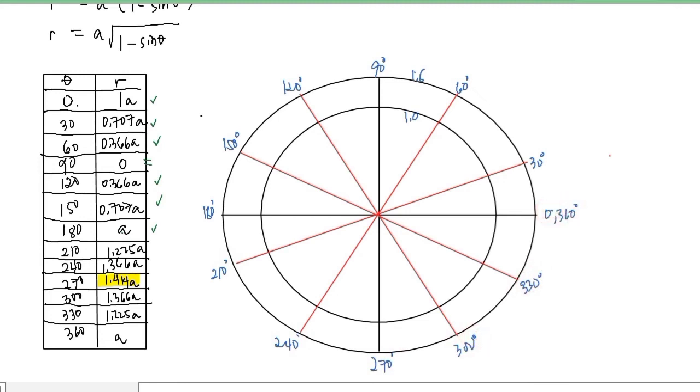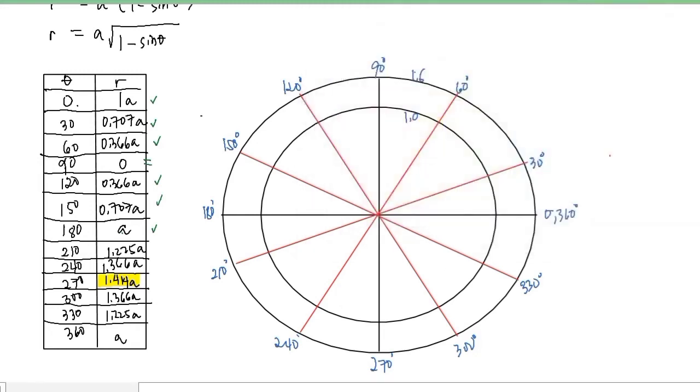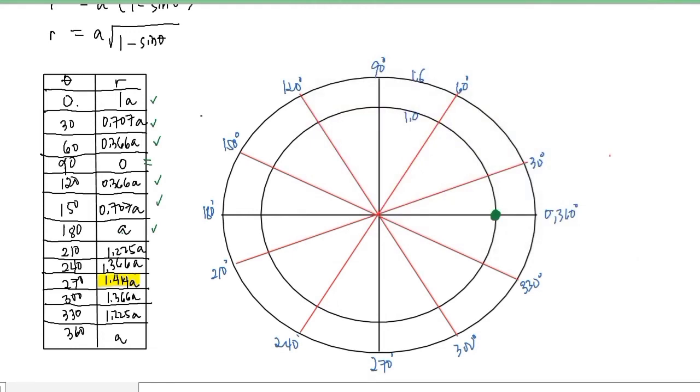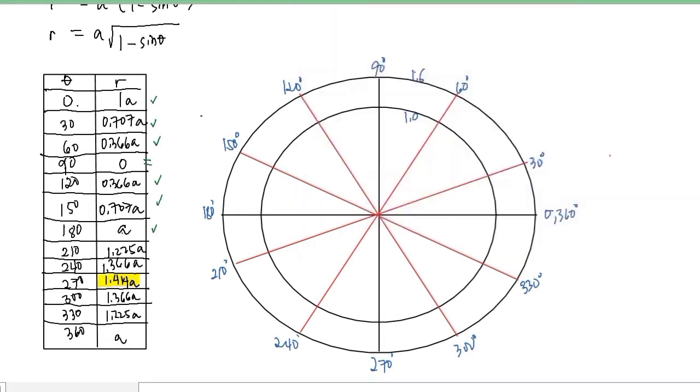Okay? So, at 0, siya ay 1. So, gamitan natin ang medyo malaki na. So, dito siya. Ang laki. Okay. So, dito, siya ay 1. And then, doon kay 30, siya ay 0.707.